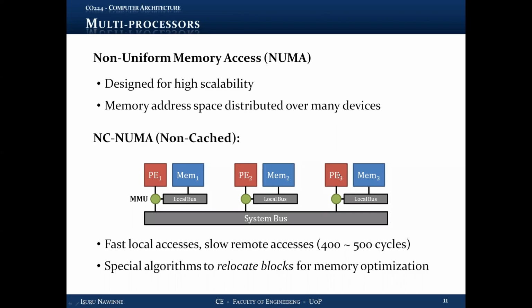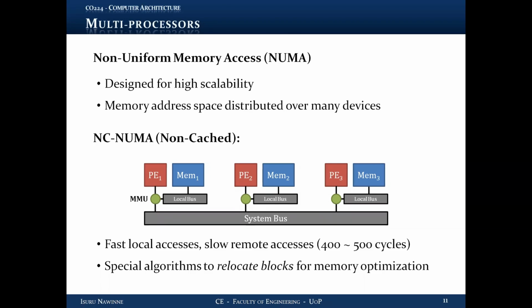Remember, these are highly scalable systems. We don't have 3 or 4 processors. We have hundreds and thousands of processing elements, and the operating system needs to utilize these processing elements to the maximum, right? So the operating system needs to balance the workload, spreading it out among all these processors as much as possible.